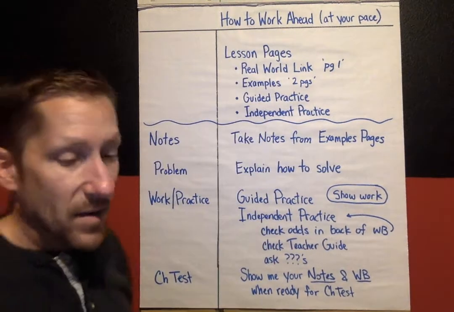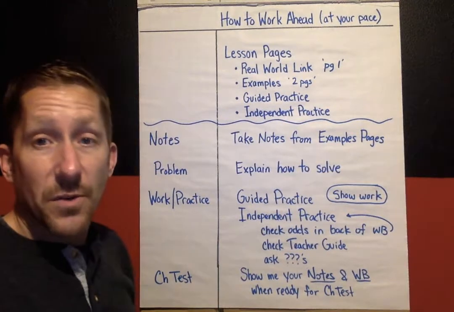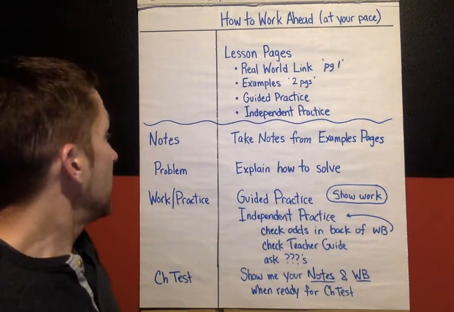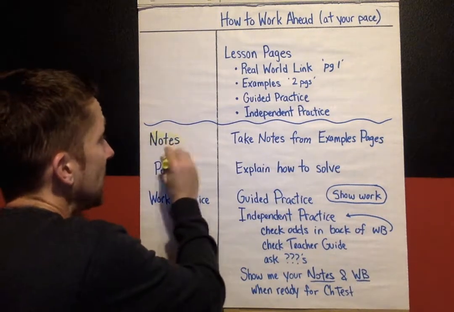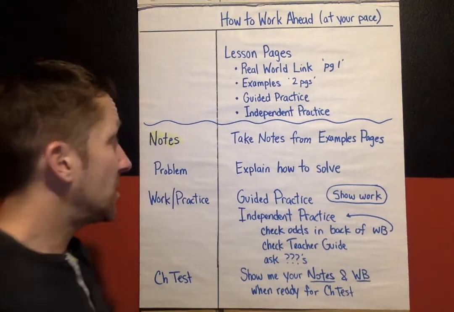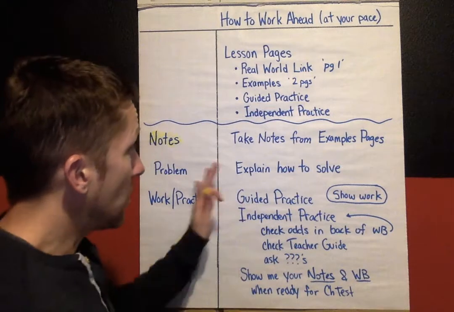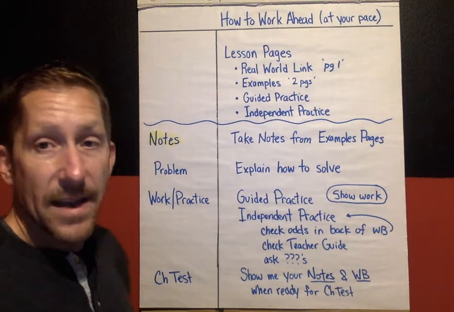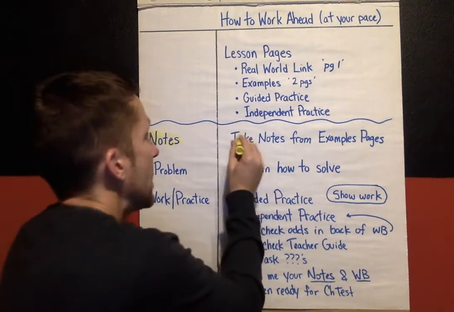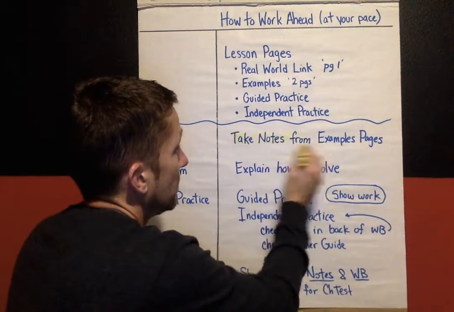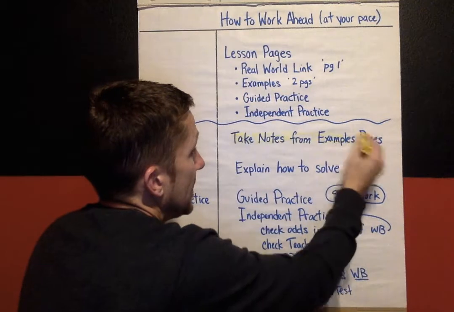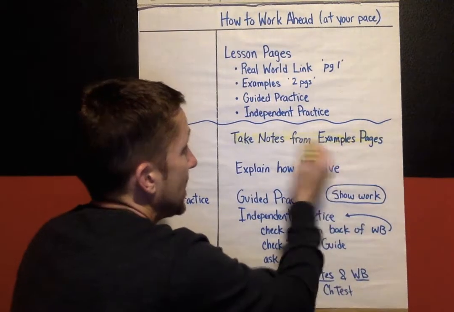This part is going to walk you through what you should do if you are going to work ahead. The first thing is you still have to take notes. You are still taking notes on a Cornell note page or in a comp book, it's up to you. And the notes come from the examples pages.